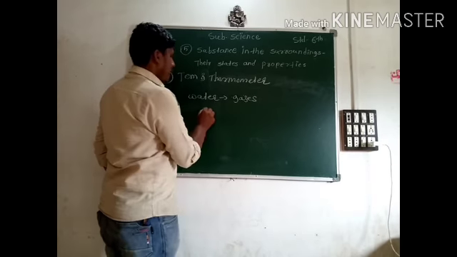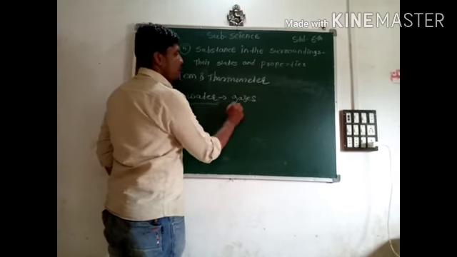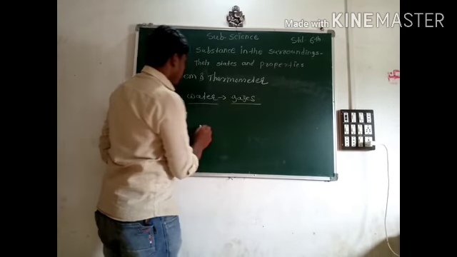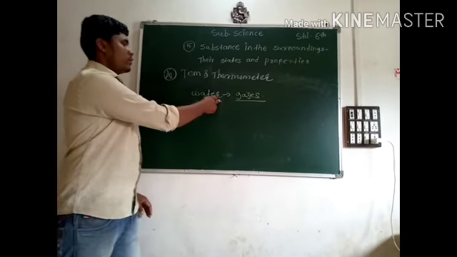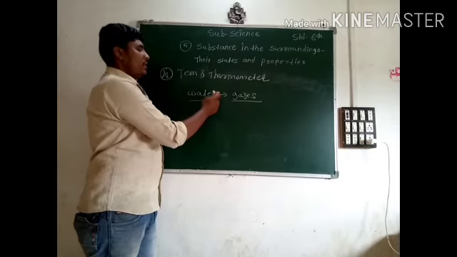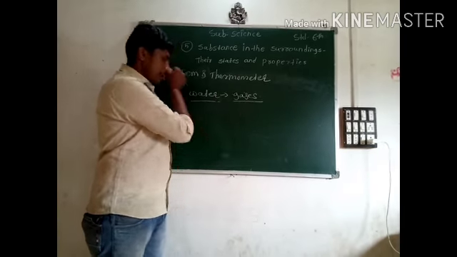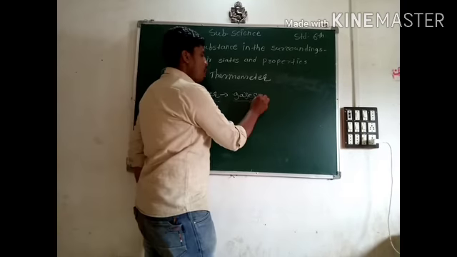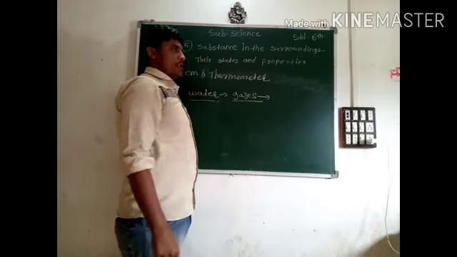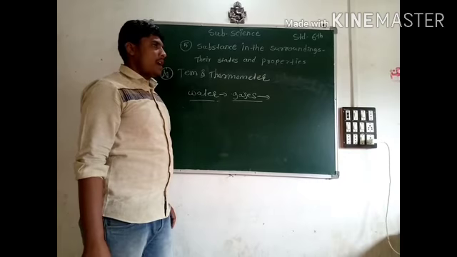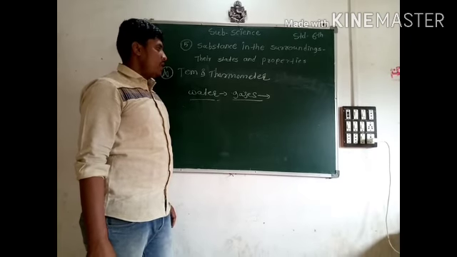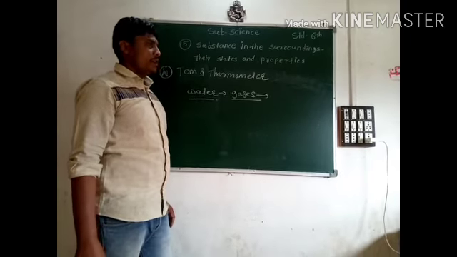With the increase of temperature, water is converted to the gaseous state. Another point: how much temperature is applied to this water, they measure with a specific unit or specific instrument.